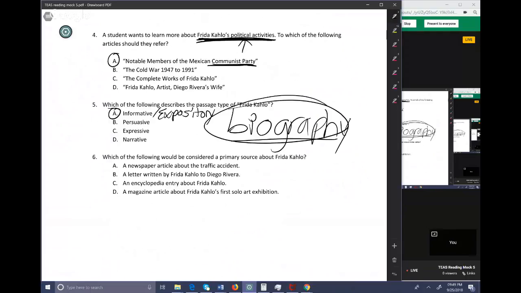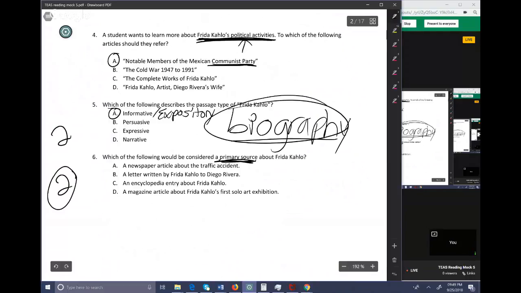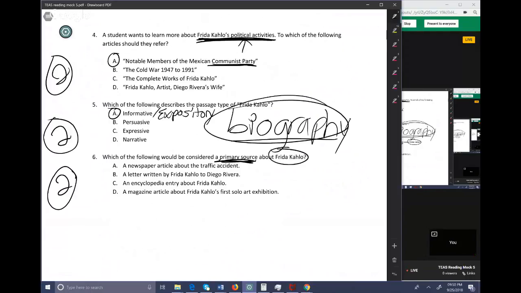Which of the following would be considered a primary source about Frida? This is from reading 2. All 3 of these are from reading 2. A primary source comes absolutely directly from the person we're asking for a source from. A primary source from Frida has to come directly from Frida.